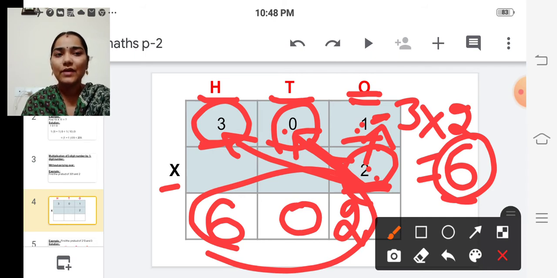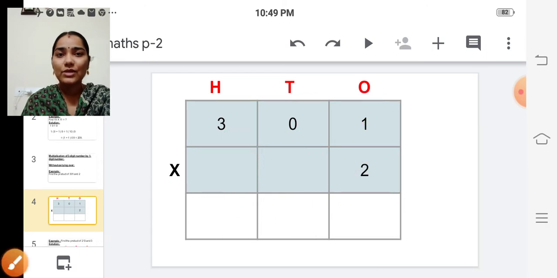Okay. So we have got the answer 602. So have you all understood, children? Yes. So shall we see one more example?